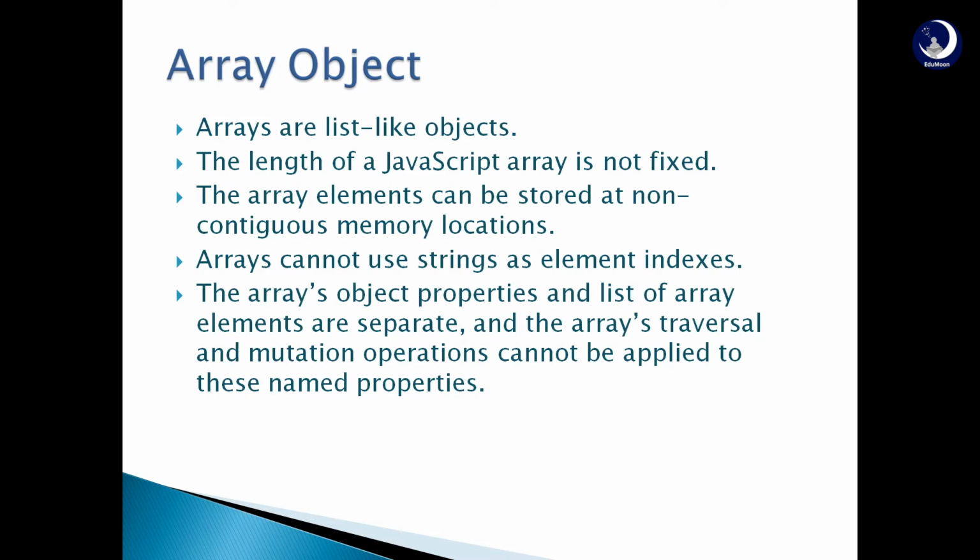We use only integers. The array's object properties and list of array elements are separate, and the array's traversal and mutation operations cannot be applied to these named properties. The array's object properties include length, constructor, and prototype of the object. And the list of array elements, these all are different.